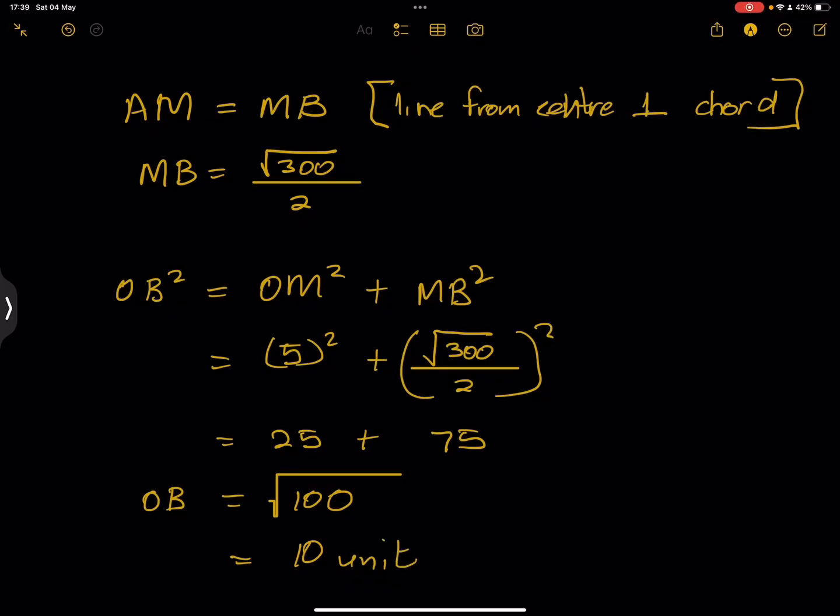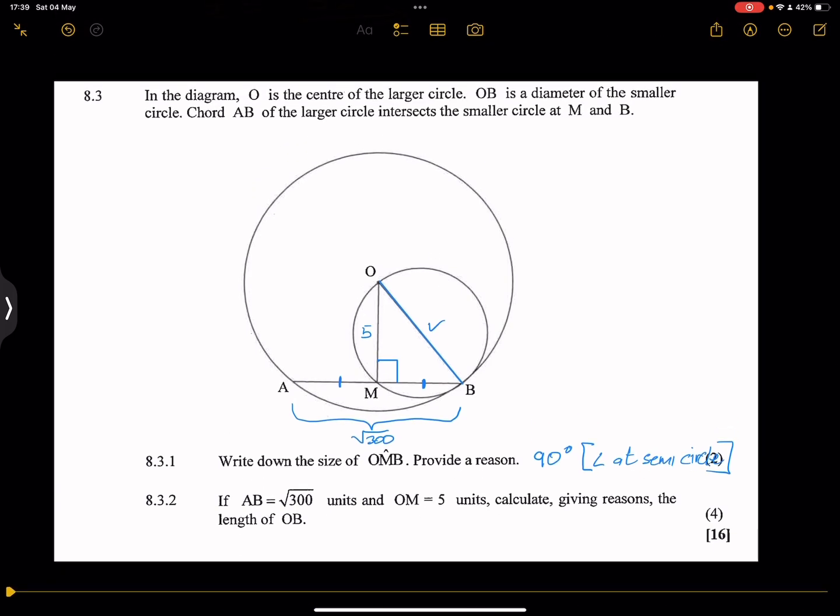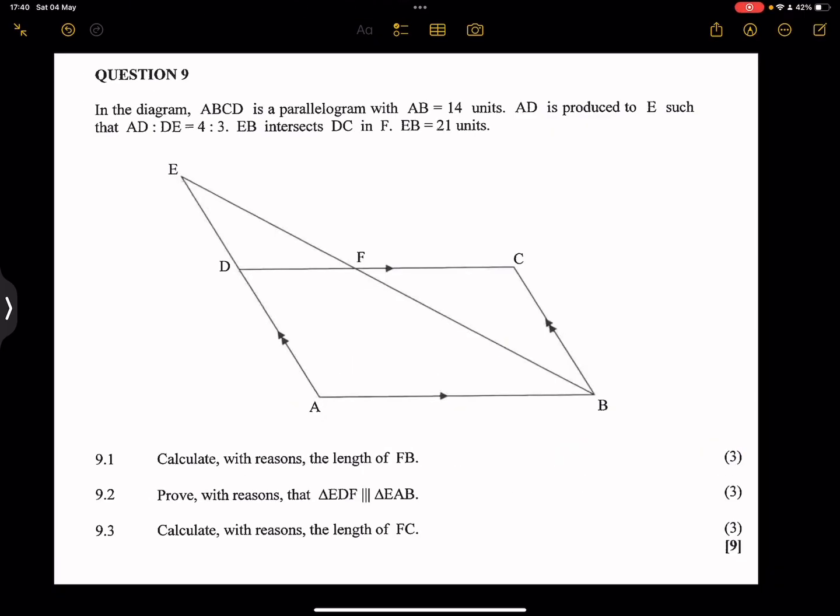Okay, right. And essentially, ladies and gents, we would have earned ourselves a free 16 marks out of that. And now off to question 9. They say in the diagram we've got ABCD, which is a parallelogram with AB equal to 14 units.